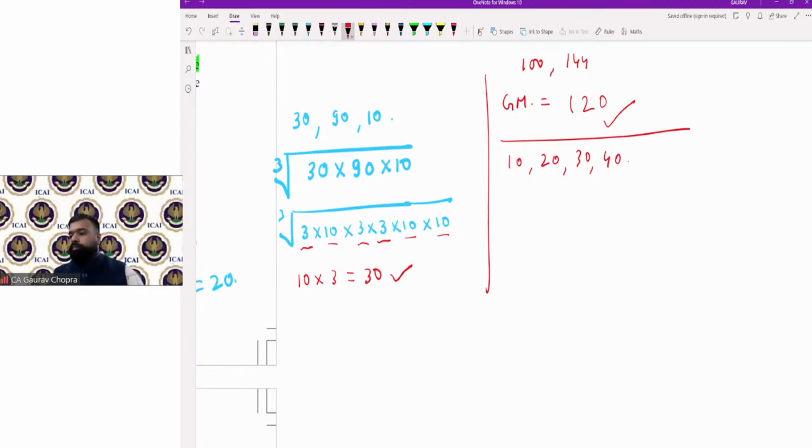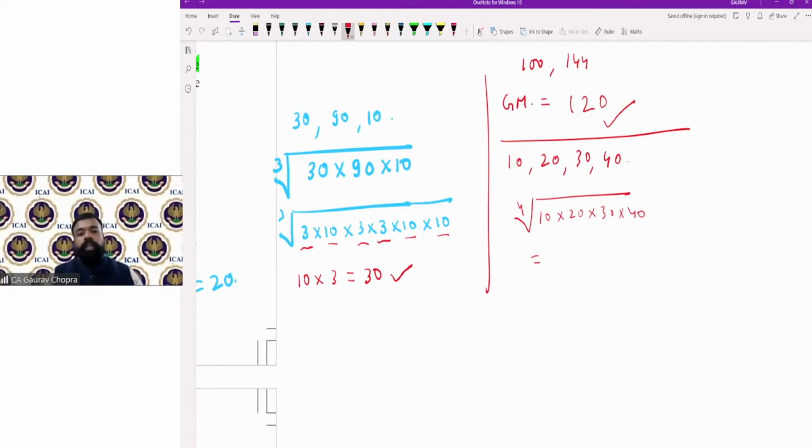It's easy, right? 10 multiply by 20, multiply by 30, multiply by 40, and then perform the fourth root. You have to find the fourth root. So what is the result?